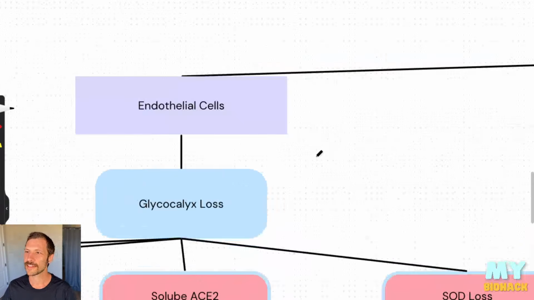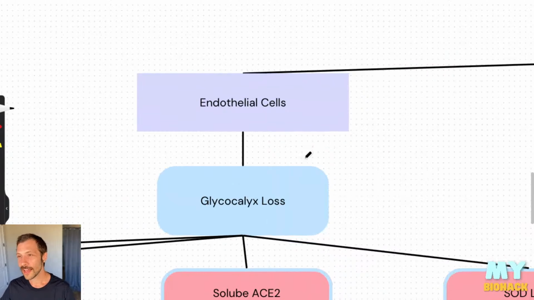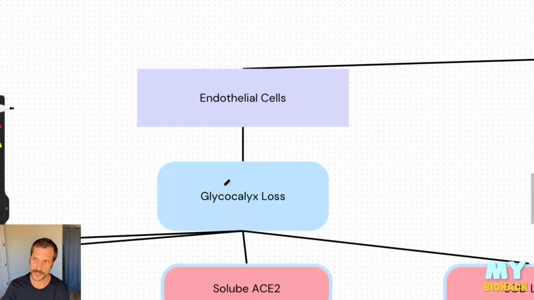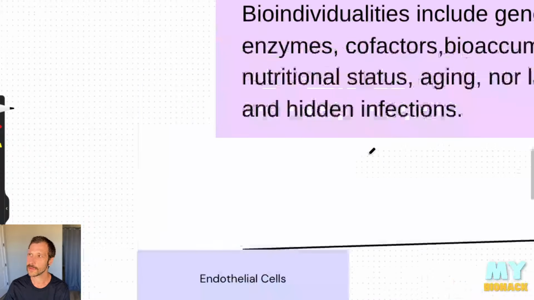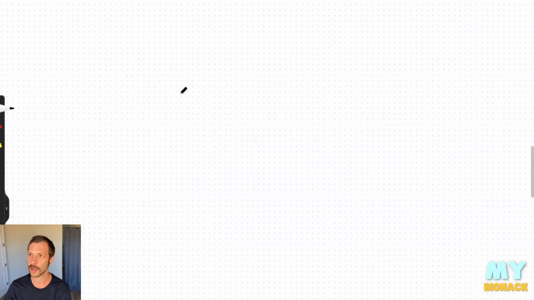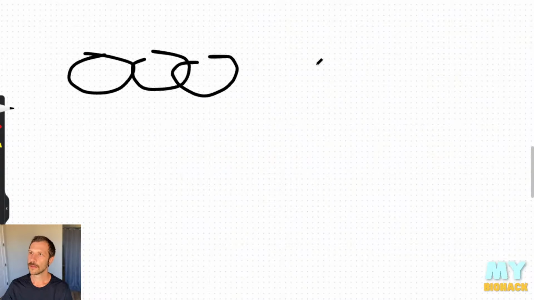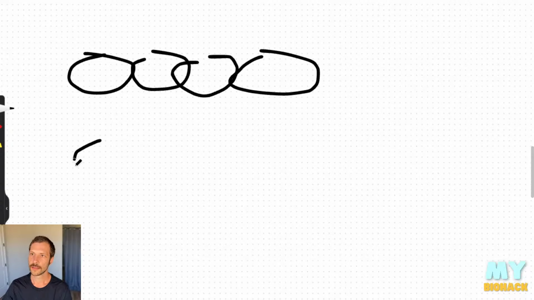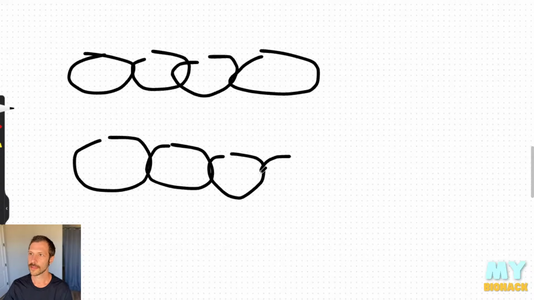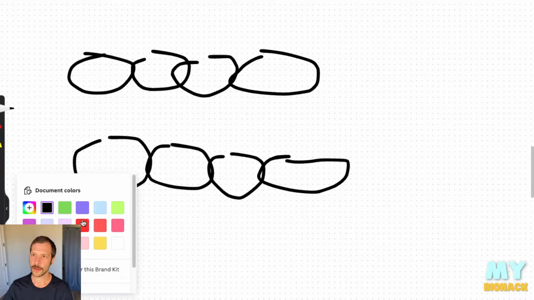So the endothelial cells. If you watched my last video, you would have seen that glycocalyx loss is a big problem. And if you didn't, let me just draw it out for you real quick. So on the endothelium, this is a blood vessel. We have blood cells that go through it.